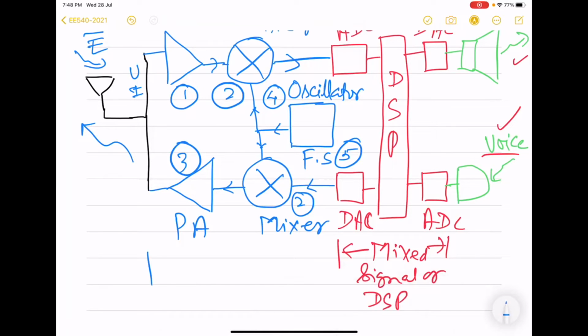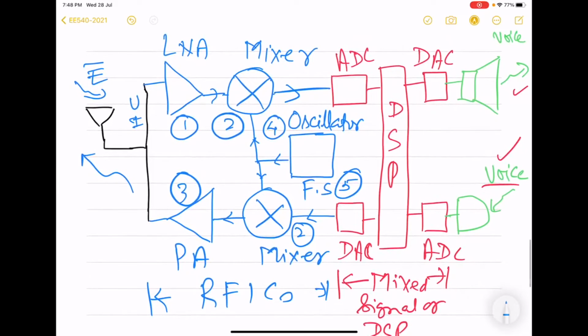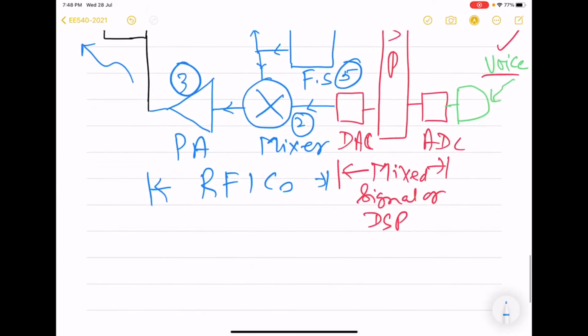While all these things that we have shown here in blue color are actually a set of RFICs. So what we will be studying in this course is these 5 circuits shown here. And these RFIC circuits are also called front end circuits.